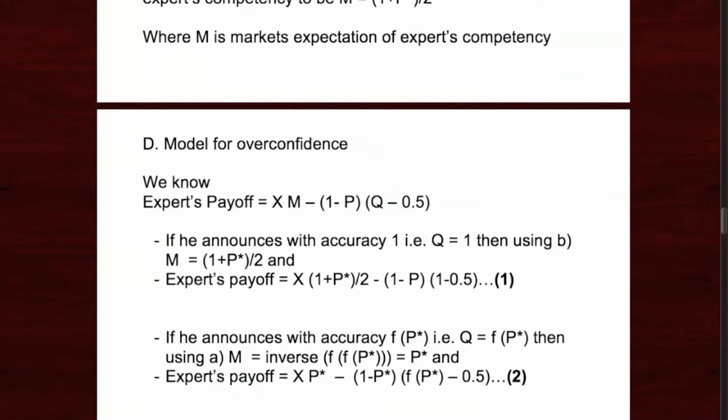Now if he announces with accuracy f(p star), then Q is equal to f(p star), and then using the inverse as before, M turns out to be P star itself, and then again plugging the values into the expert's payoff formula, we get this equation.